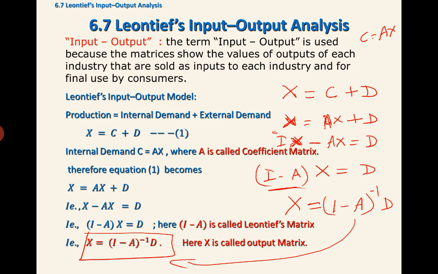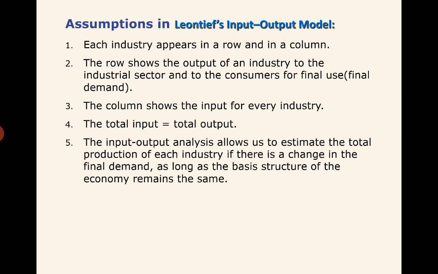This X will give you the total output for every sector if there is any change in D, isn't it? If there is any change in D, we can find the new output by using this relation. Some assumptions of the Leontief input-output model have been given here. Each industry appears in a row and in a column.